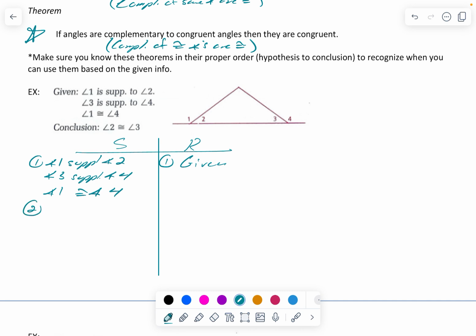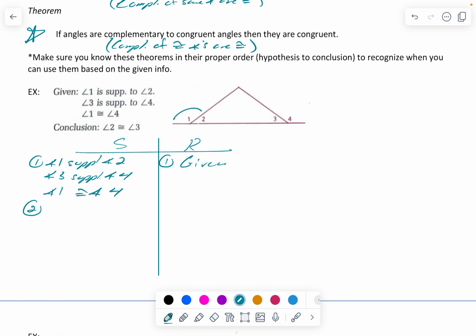So we have 1 supplementary to angle 2, and 3 supplementary to 4, and then we have 1 congruent to 4.